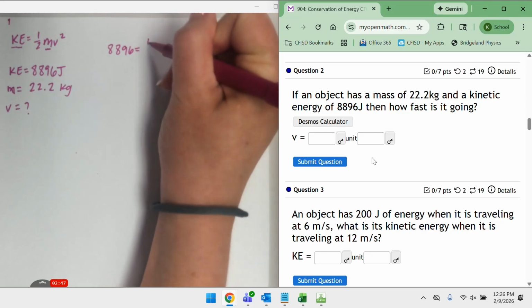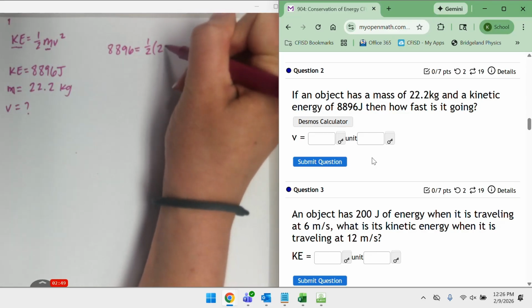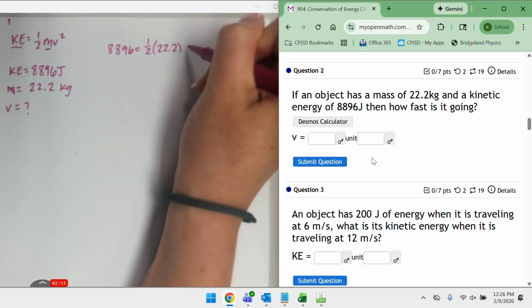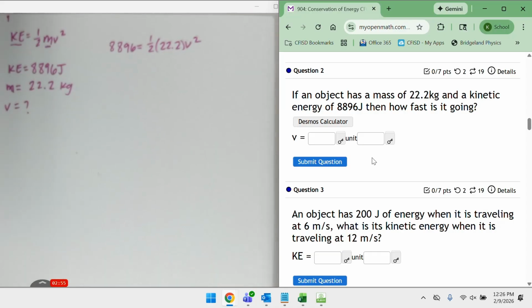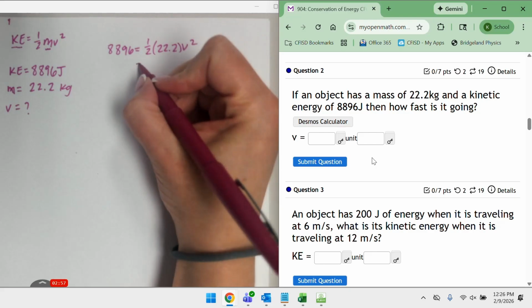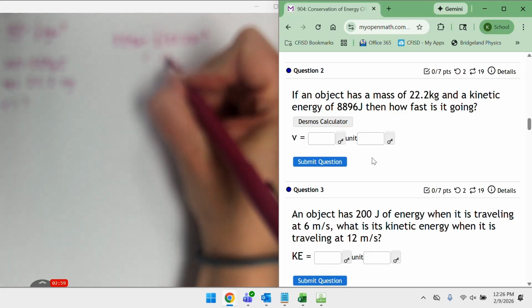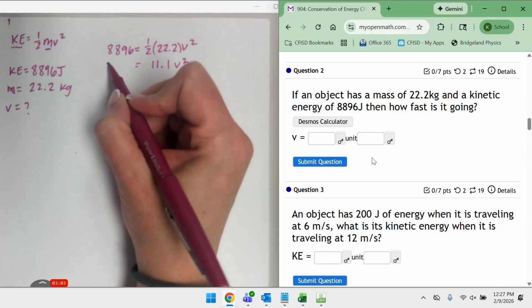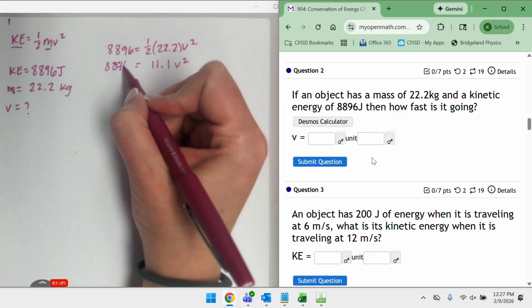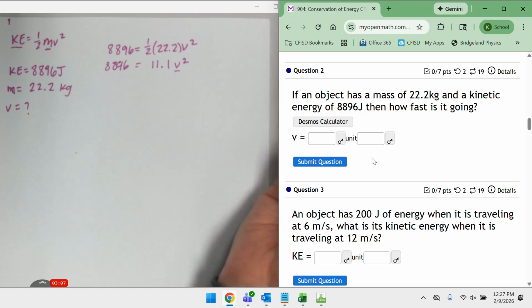So that means it's going to end up being 8,896 equals 1/2 times 22.2 times v squared. And from here you're doing algebra. So you're going to have half of 22.2, which is going to be 11.1. And then that's still going to be equal to 8896. And then again, we're trying to isolate that variable.